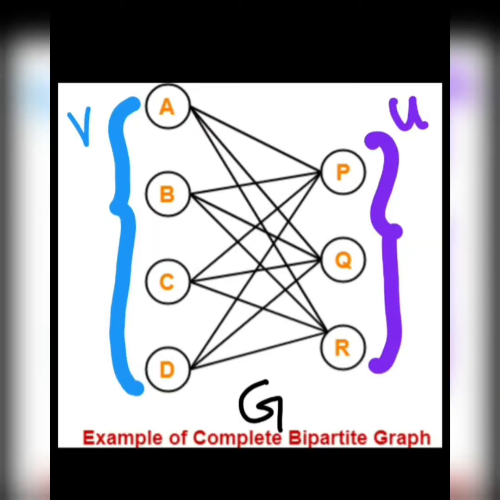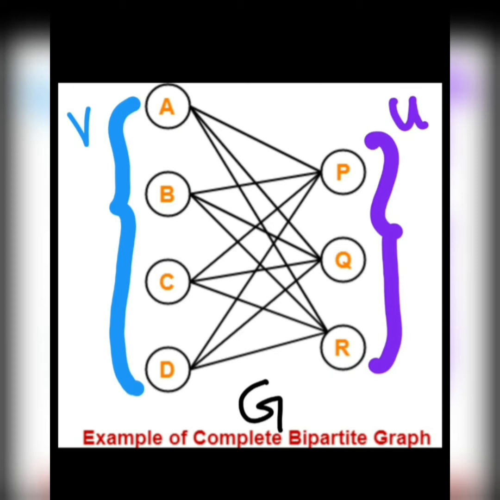Bipartite graph. When do we say that a graph is bipartite? Let's look at the definition. A graph G is a bipartite graph if the vertex set of G can be partitioned into two subsets U and V such that every edge of G has one end vertex in U and the other end vertex in V. Let's look at this example now.